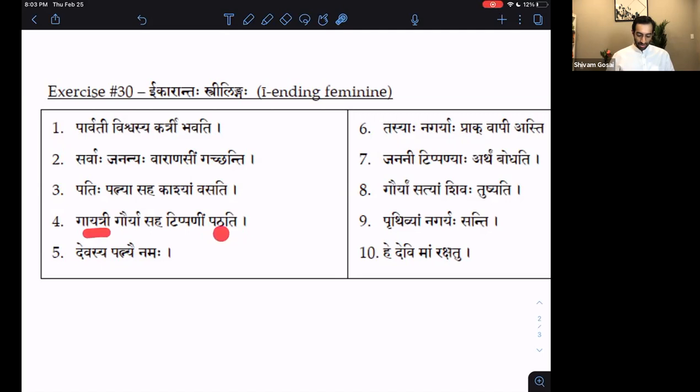Gayatri reads what? Tippanim. Tippanim means a footnote, a footnote in the book. Along with whom? Saha Gaurya, along with Gauri. This is saha tritiya. So you can see these as goddesses' names or just people's names. Here it's, for example, just names of ladies that are used here.